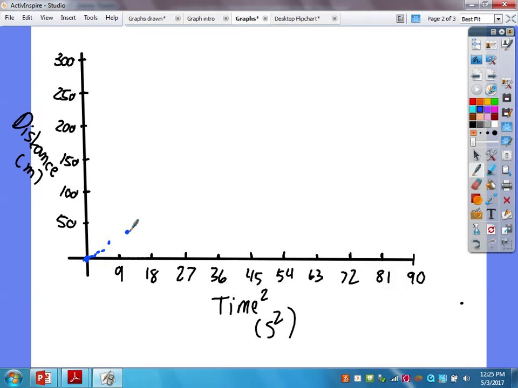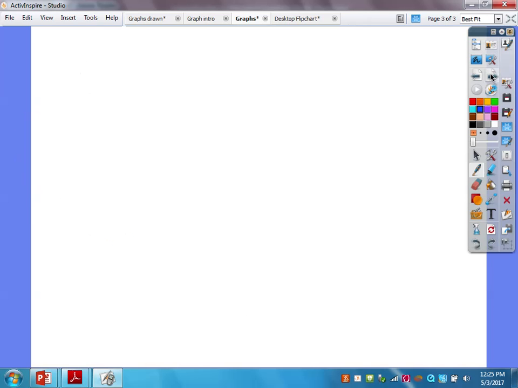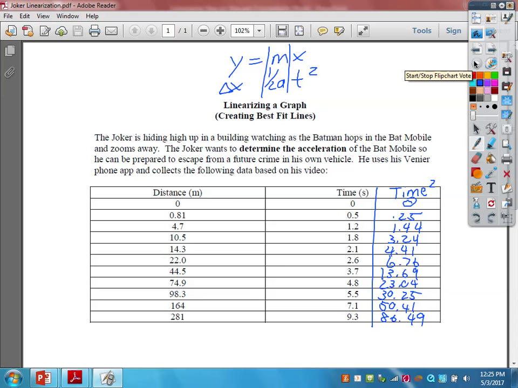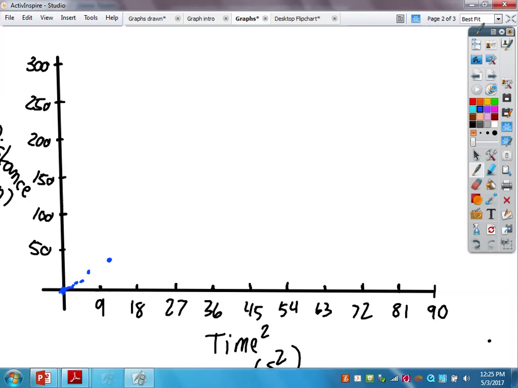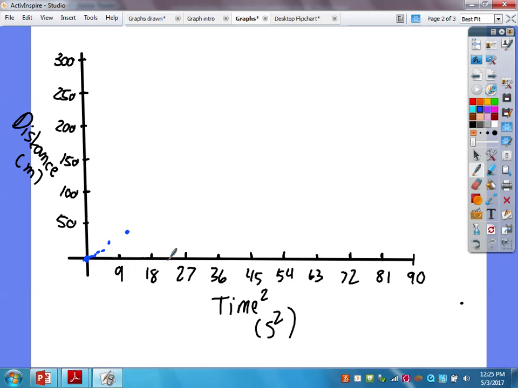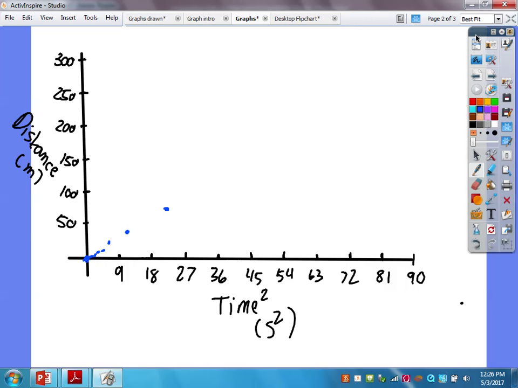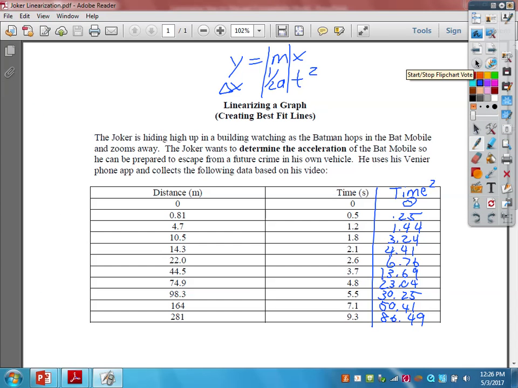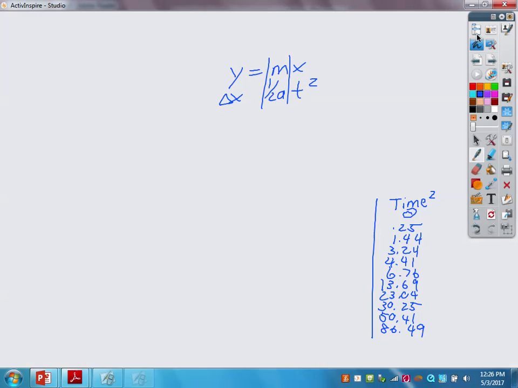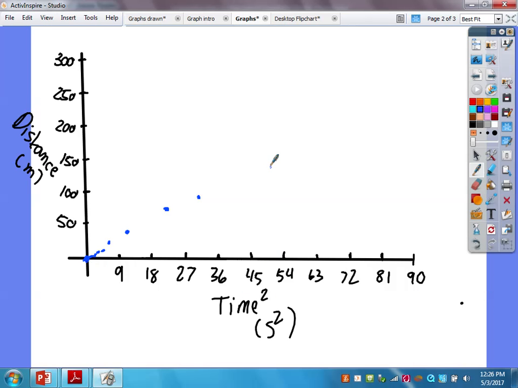So a little bit below it. 23.04 and 74.9. 23.04, so close over here, and 74, basically right in the middle. 30 and 98.3. 50.4 and 164.